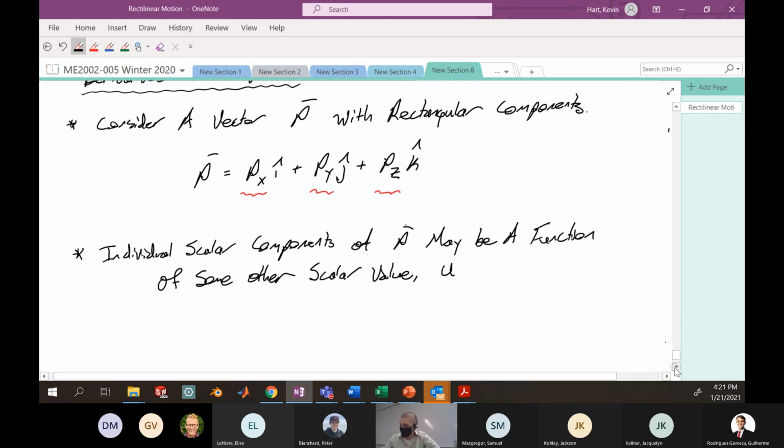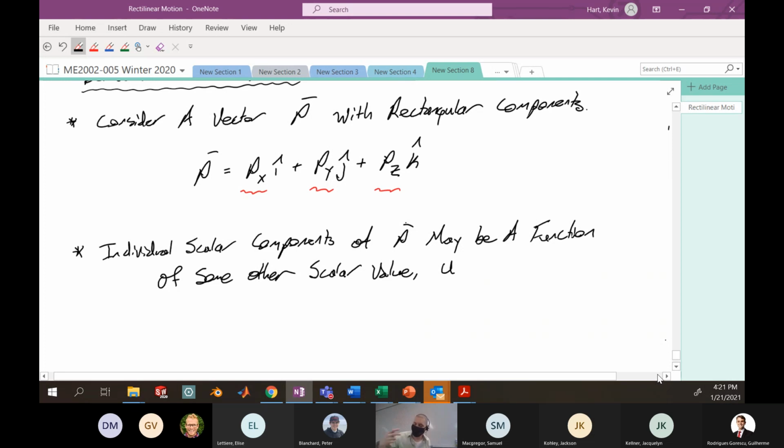And so if we want to be very crystal clear about how we're representing some vector p, this vector p, which is a function of that scalar u, is going to be something like an x component, which might be a function of u.